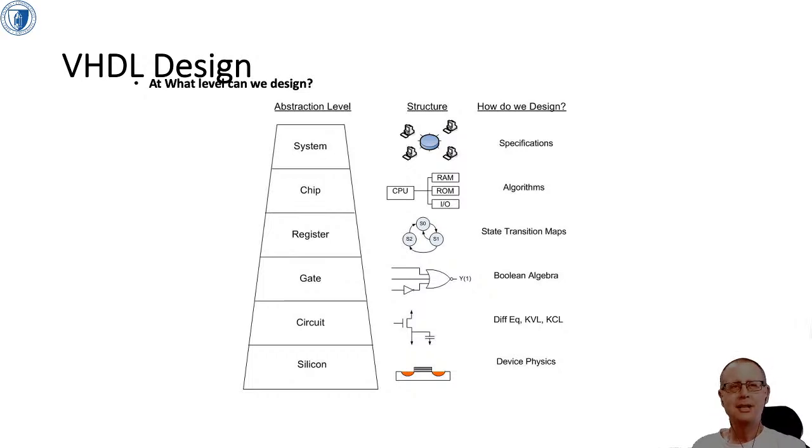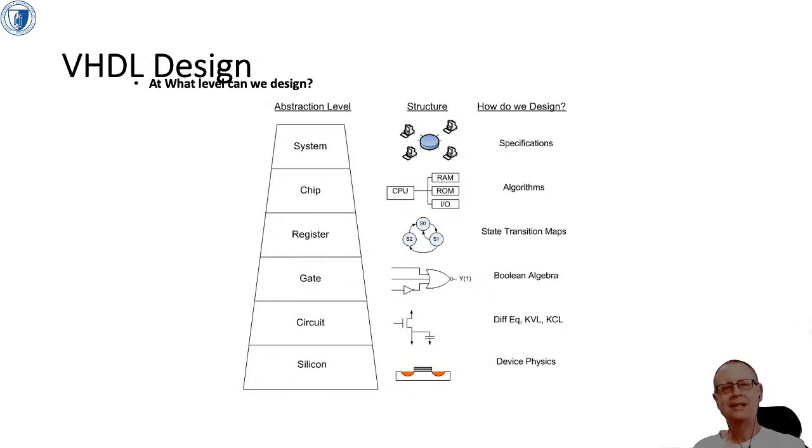Diving even further down, those gates, even though we think about zeros and ones, are actually being done using voltages. So we've got to think about Kirchhoff's voltage law and Kirchhoff's current law and the differential equations around how resistors, capacitors and inductors work. And the circuit diagram there looks like it's got a FET, a field effect transistor, and a capacitor, and so we've got to think about how transistors work.